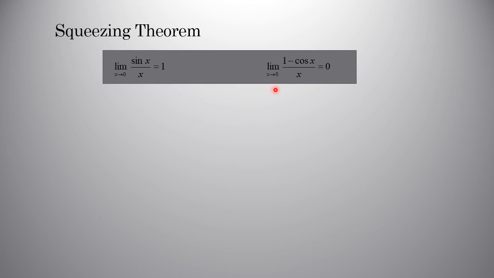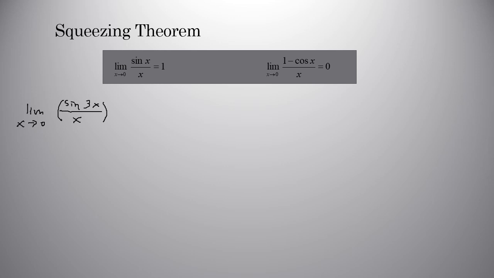Also, if we have the limit for the function 1 minus cos x over x as x approaches 0, this kind of limit will be equal to 0. Please remember these theorems. These theorems are used in solving the calculation of limits involving trigonometric functions.